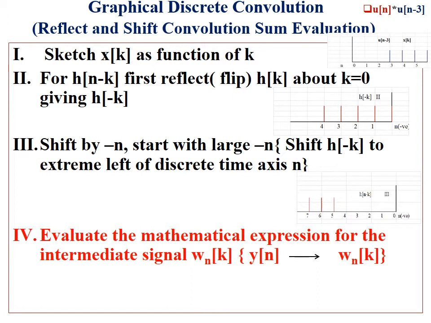Next, we need to evaluate the mathematical expression for convolution, which is the product of x of k and h of n minus k, and an intermediate signal called w of n, k is introduced, which helps identify at what interval the value of w of n, k changes. That is necessary. Hence, this variable has been introduced.